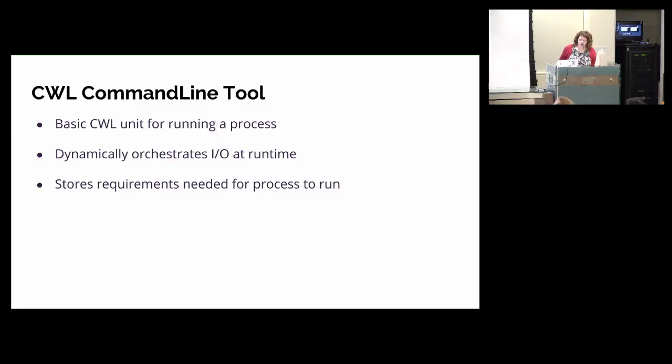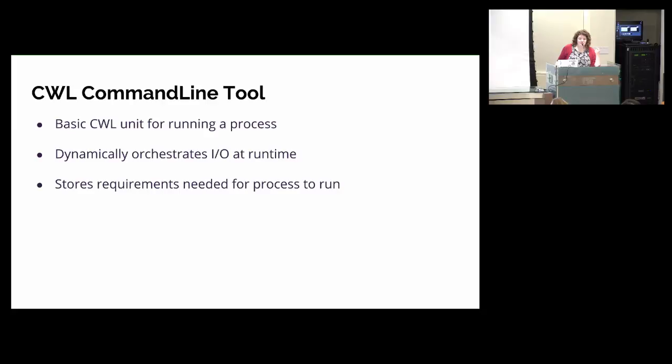All right, so we just saw an example of running a CWL process. It's doing the I/O at runtime. And we didn't show this, but this is a tip of the hat for things that are to come. You can store requirements in your command line tool or your workflow.